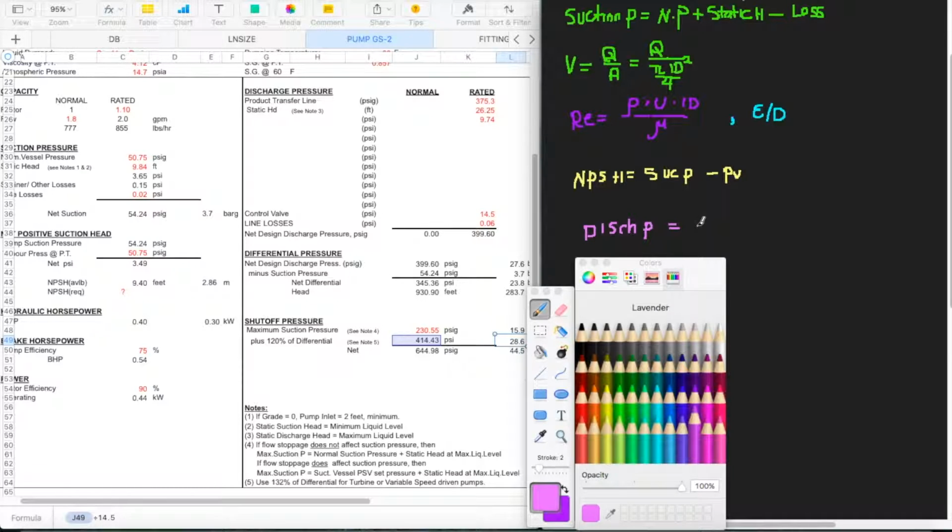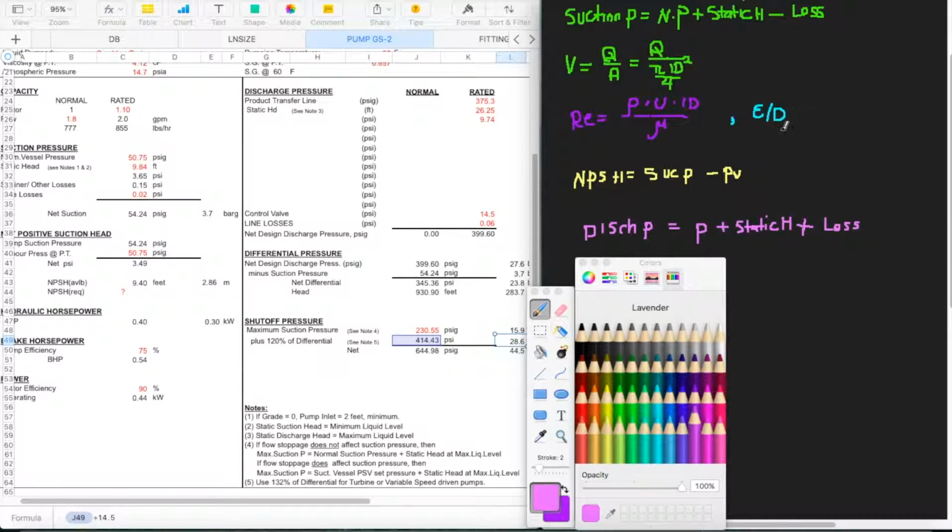So we use that destination pressure plus the static head, which is based on the elevation of that destination point. So we have the static head, but here we add losses for the discharge line.